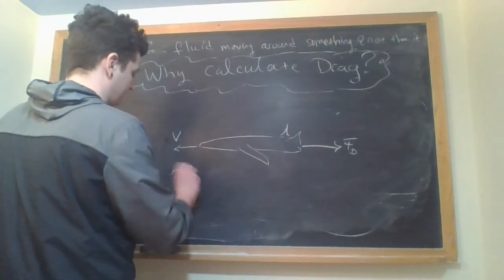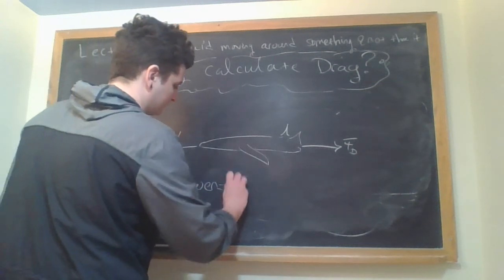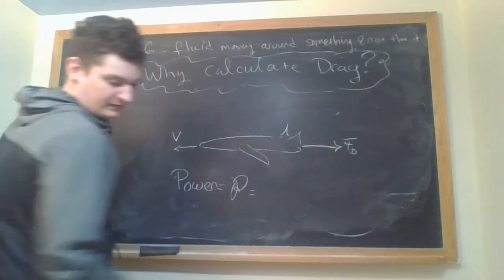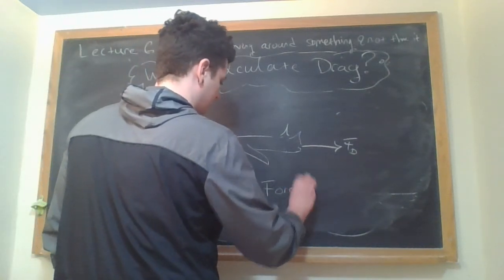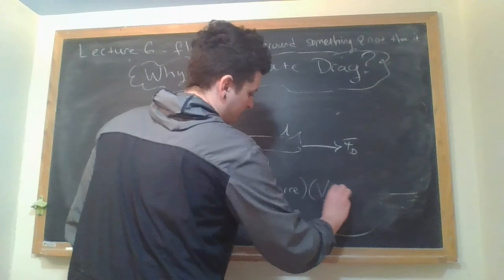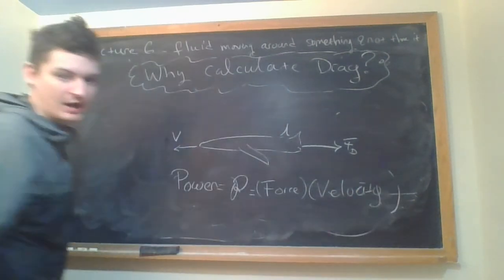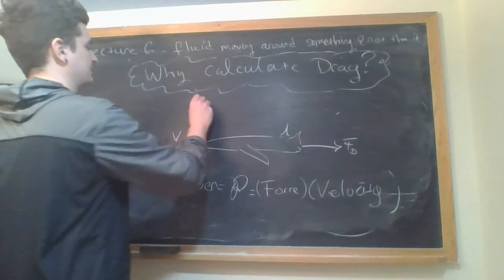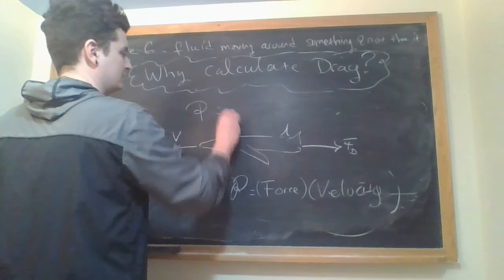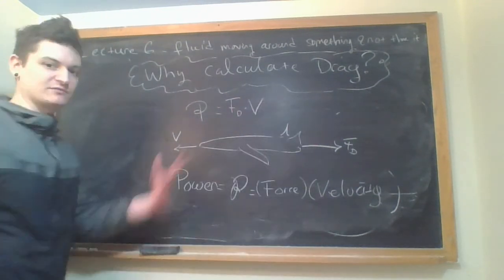So, from physics 2, that power is equal to force times the velocity, right? So that's why you want to calculate this drag force, because then you can get a power value, because that would be drag force times velocity for the vector dot product.